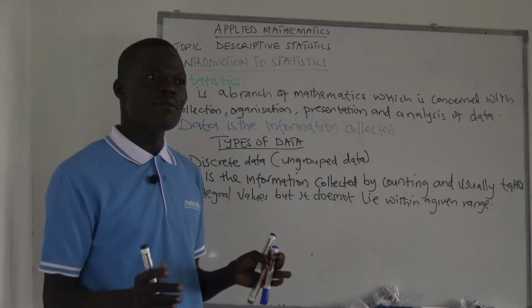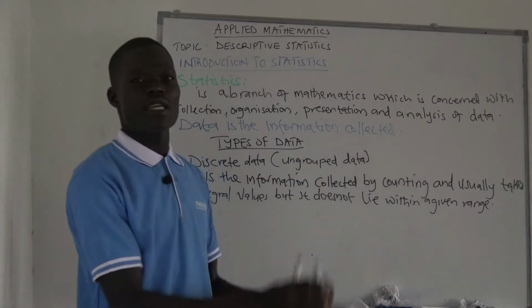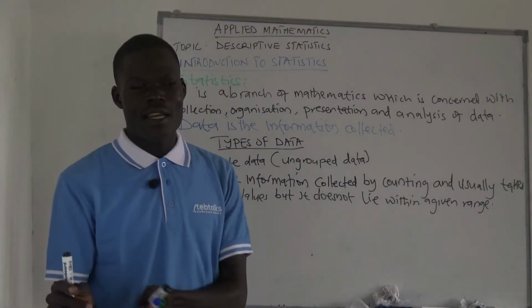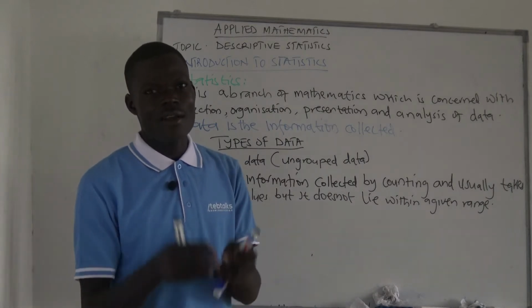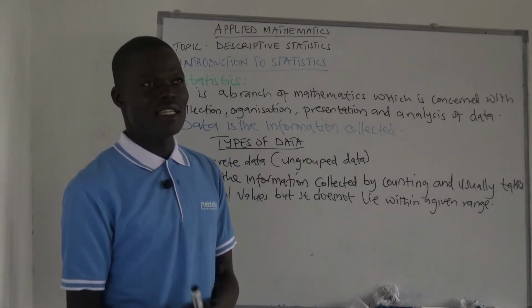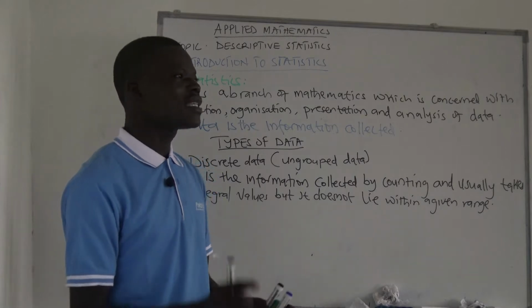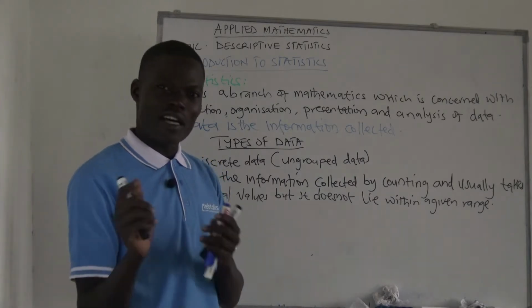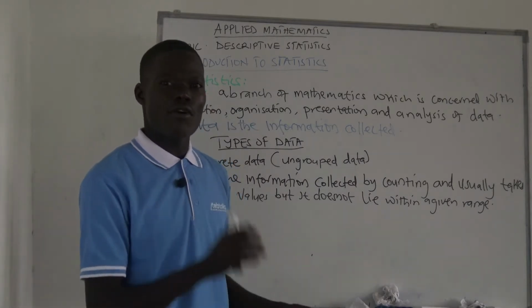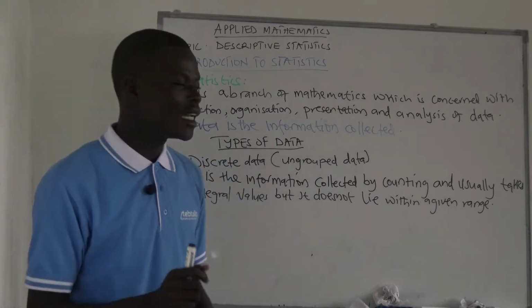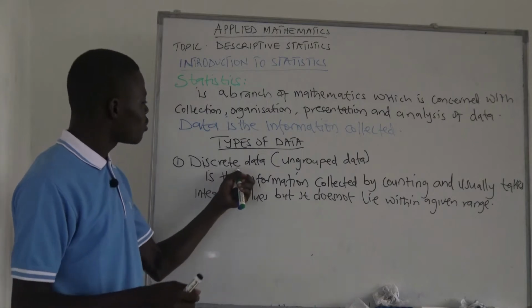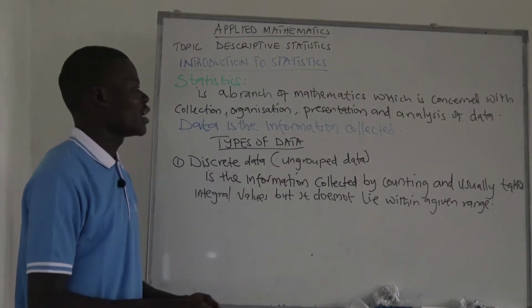You don't group them, saying let me start from 15 to 17. You just take those with 16 years. Whoever is 15 and below or 17 and above is out. We need only 16. That's what we are calling discrete data or ungrouped data.